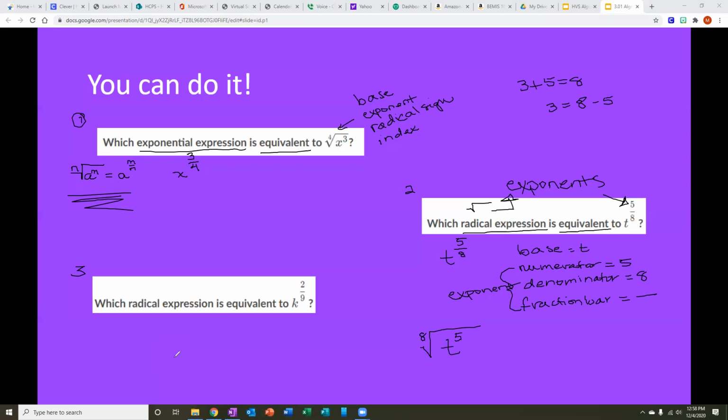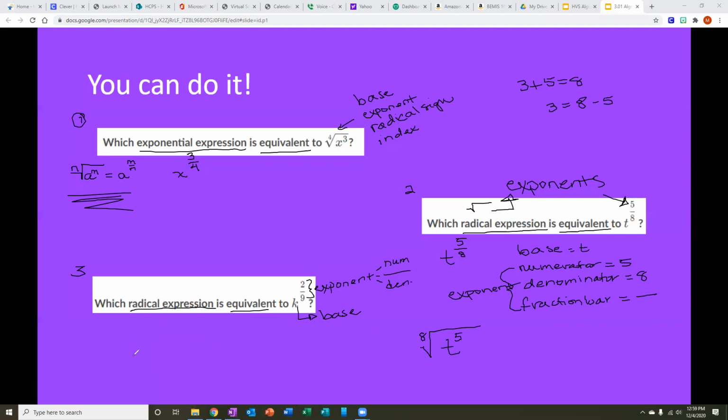Okay. This is identical to the previous one. Equivalent radical expression. So I have the base, I have my exponent, which has the numerator, the fraction bar, and the denominator.